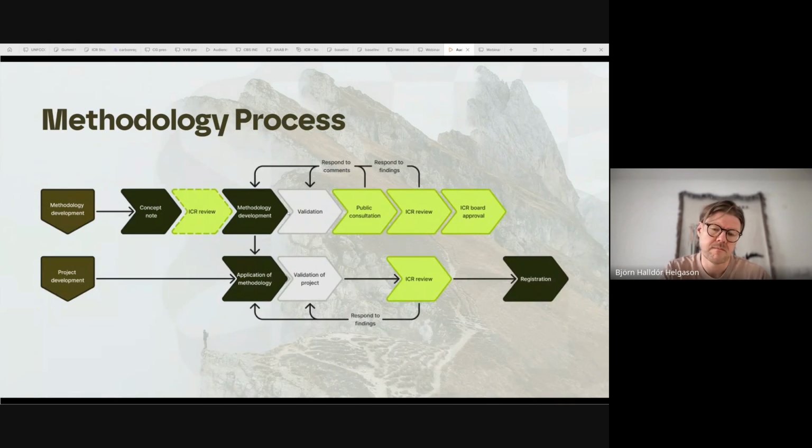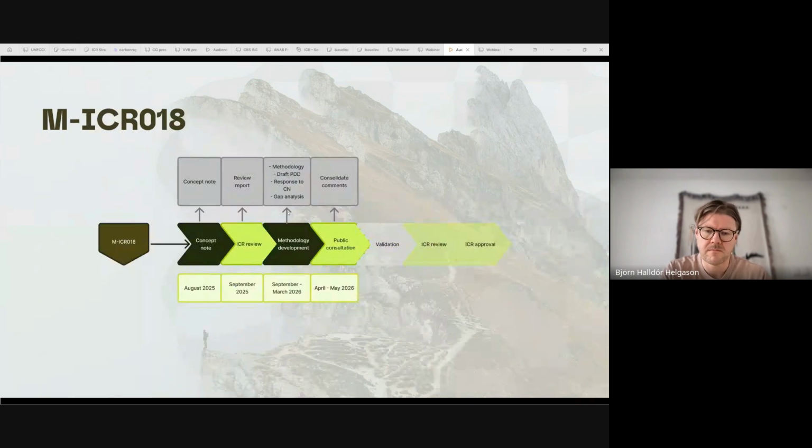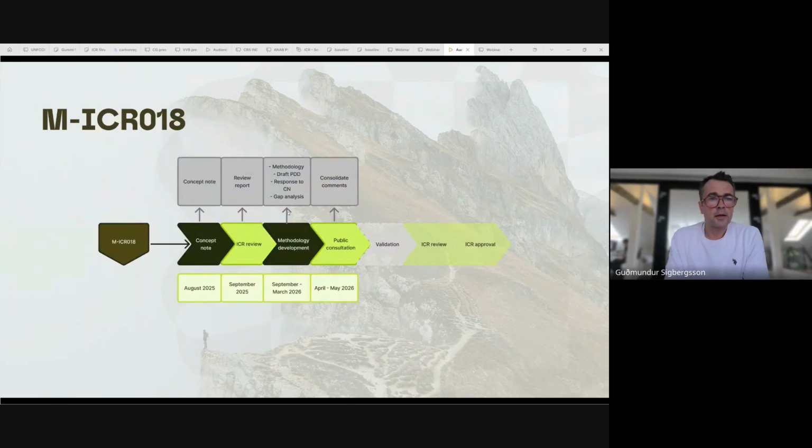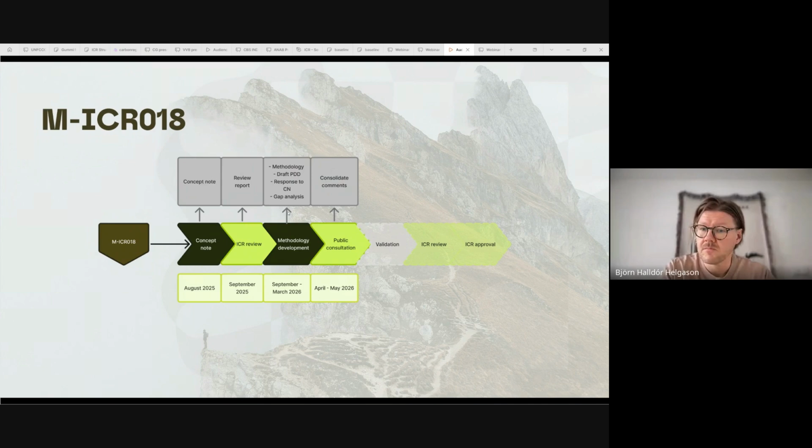So moving on, with M-ICR018, we started working with Lloyds and Ecoveda at the end of summer last year.